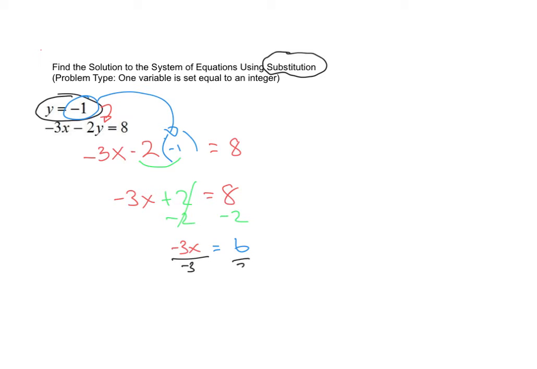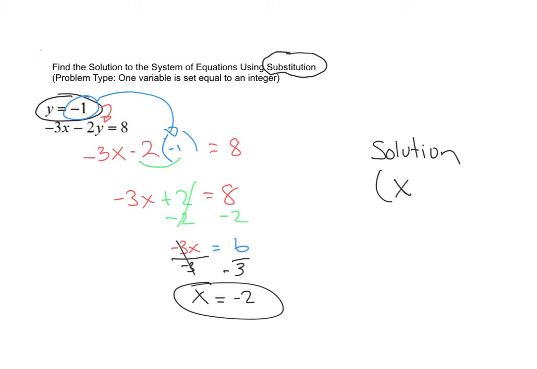Divide by -3. X will equal -2. And once you have x equals a number and y equals a number, we can write our solution as an ordered pair. X is -2, y was -1, and this would be the answer.